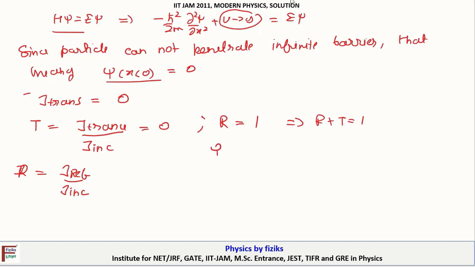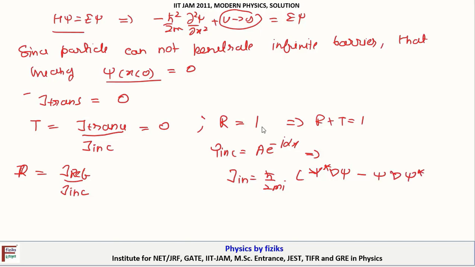Here for psi incident, as I said, it is A e to the power minus i alpha x, which gives us J incident defined like this: h cross by twice m i into psi star del psi minus psi del psi star.